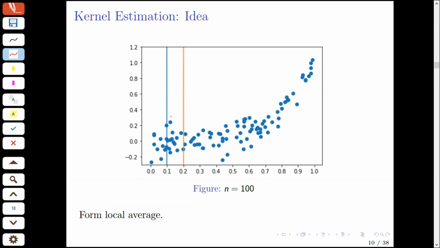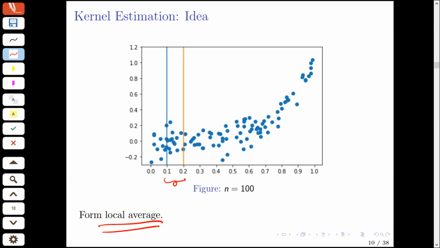So, for example, suppose that I locate the observations which had an x between, say, 0.1 and 0.2, and I averaged over the outcomes for such observations, and I called that my estimate of the conditional mean of y conditional on x being 0.15. That is, I form a local average. This seems like a good idea, or at least intuitively a good idea.